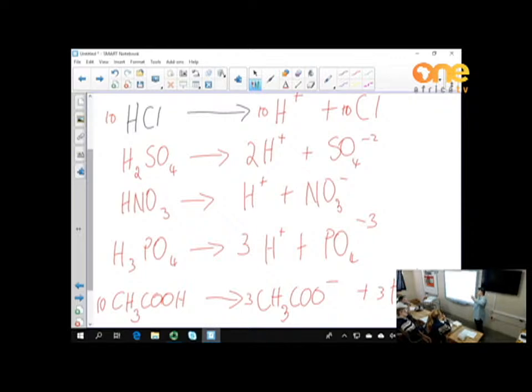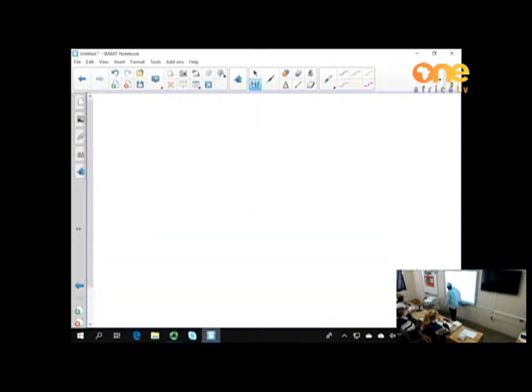So, a base. What happens to a base when I add it to water? Does it ionize? No, a metal oxide or a metal hydroxide is already an ionic compound. But what do these ions do? If I take sodium hydroxide, let's take oxide, it doesn't matter, okay?